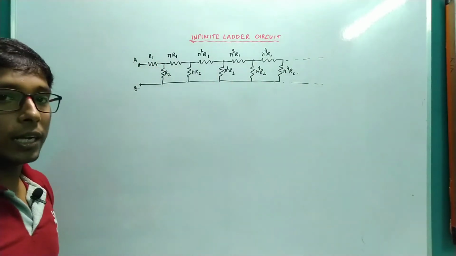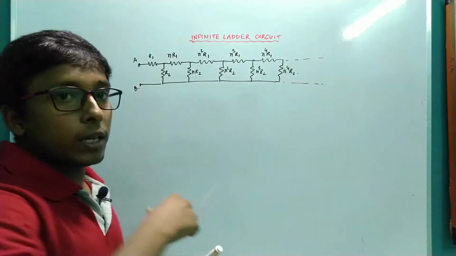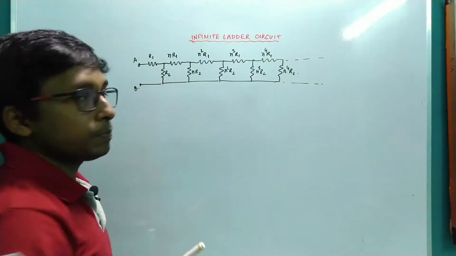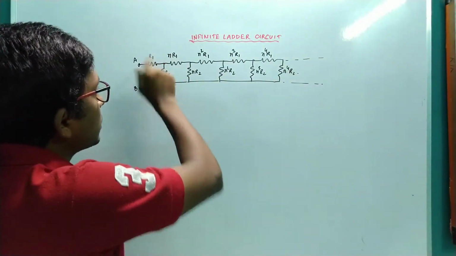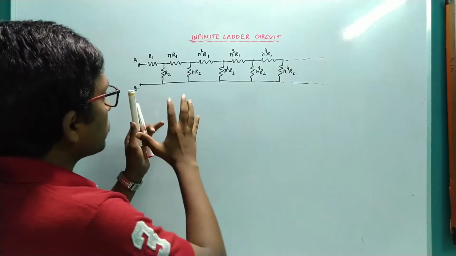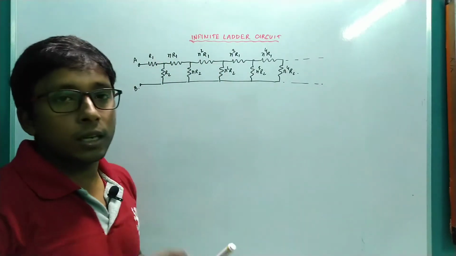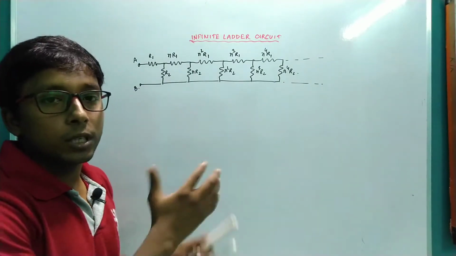You can see that in each step, the resistances are increasing by a factor of N. The simplest case is when N equals 1. If we can solve this general case, then you can solve any kind of problem regarding this.